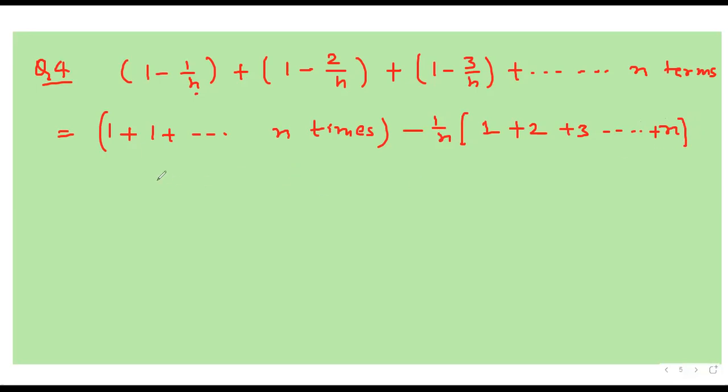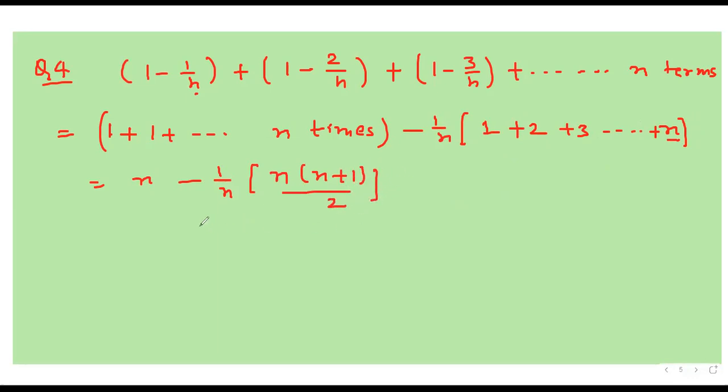So 1 when added n times gives n, plus 1 upon n. The sum of natural numbers till n is last term and last plus 1 divided by 2, that is n into n plus 1 divided by 2.